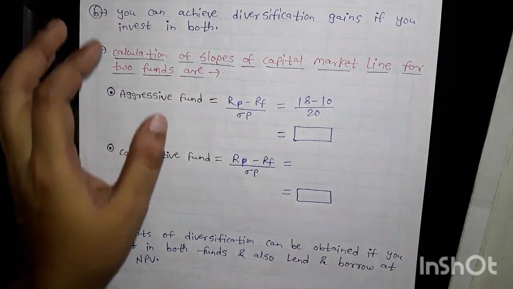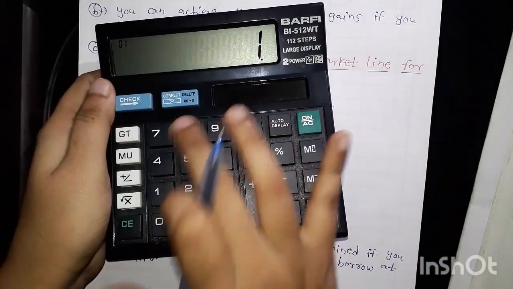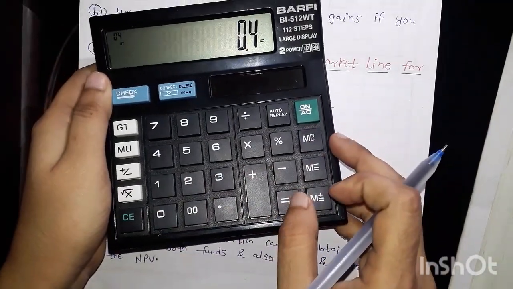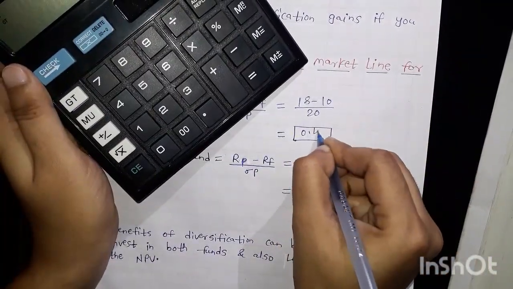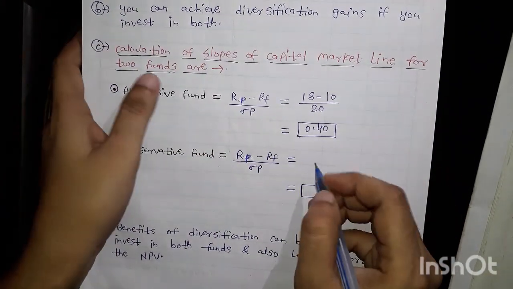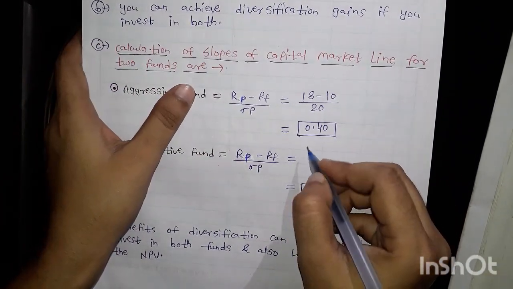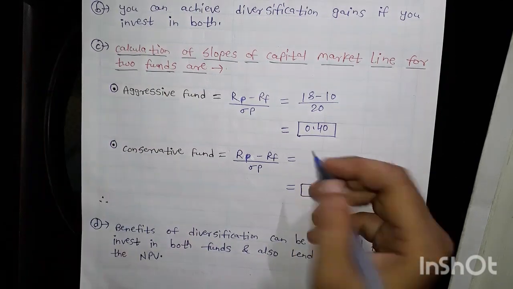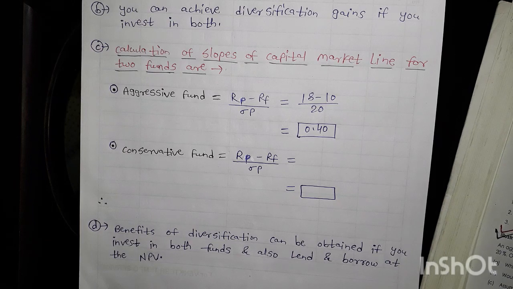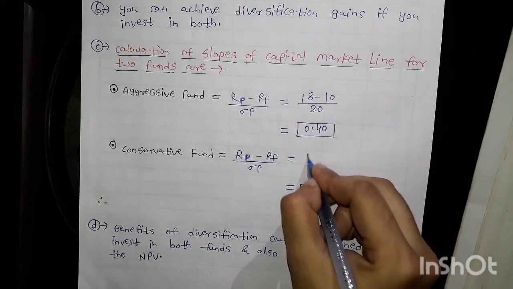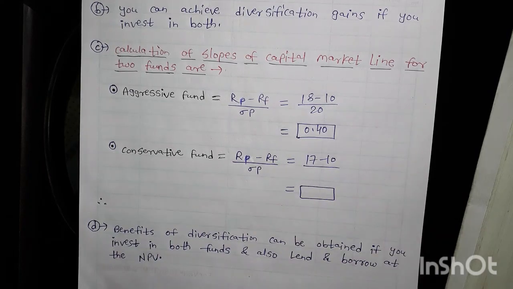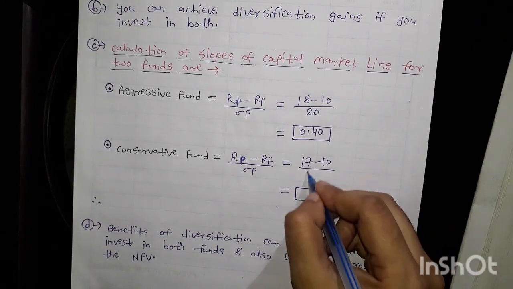Now we will do the calculation. 18 minus 10 divided by 20. So here I got 0.4. Okay, that is 0.40. After that, in the case of the second portfolio, that is the conservative mutual fund, the expected return is 17 minus RF is 10 and the standard deviation of the portfolio, which is given, is 19.